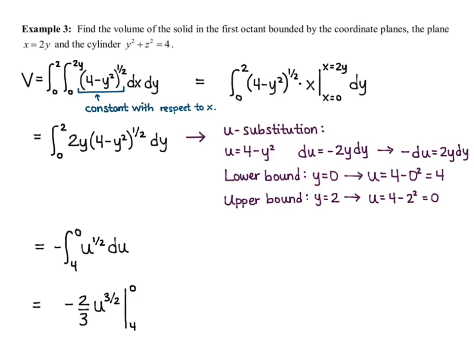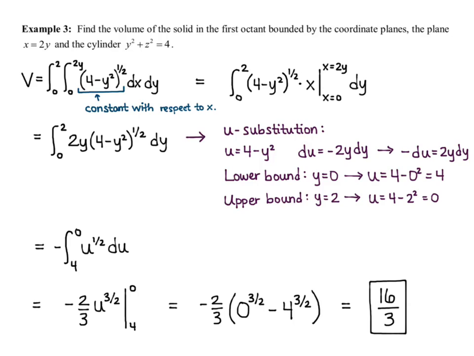Plugging the upper and lower bounds results in negative 2/3 times the quantity 0 to the 3/2 minus 4 to the 3/2, giving us a volume of 16/3 cubic units.